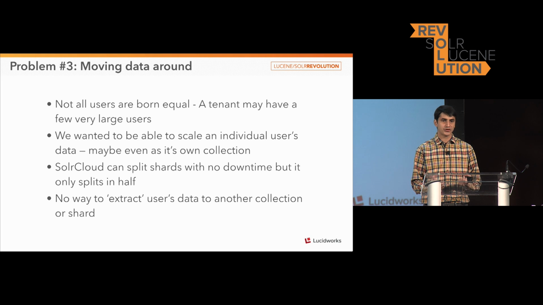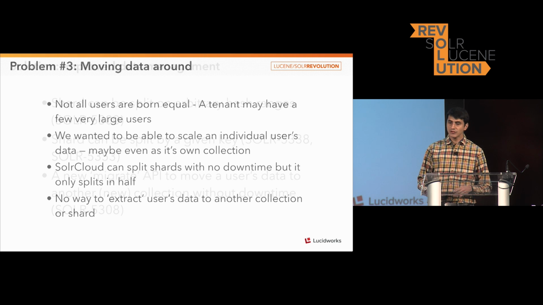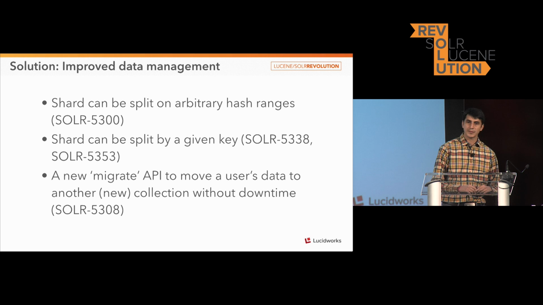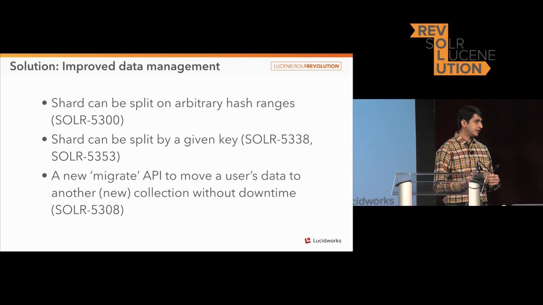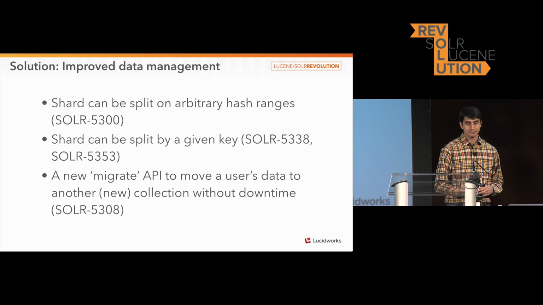Furthermore, there was no way to actually extract a user's or a tenant's data out to a completely different collection. So we solved these problems by implementing a few enhancements to shard splitting, as well as creating a completely new collection API called migrate.